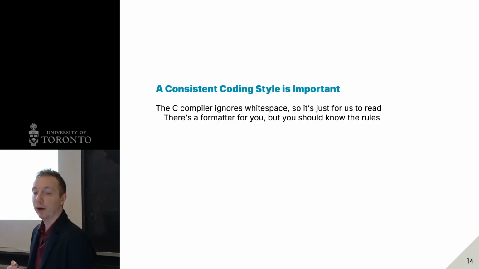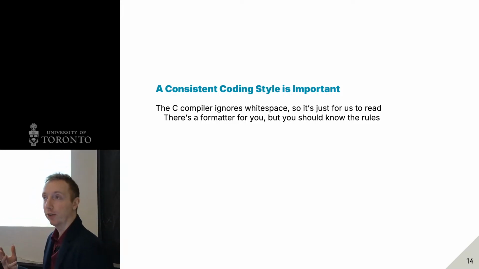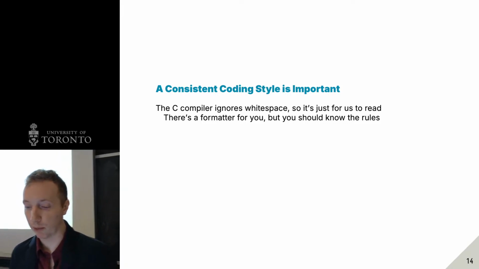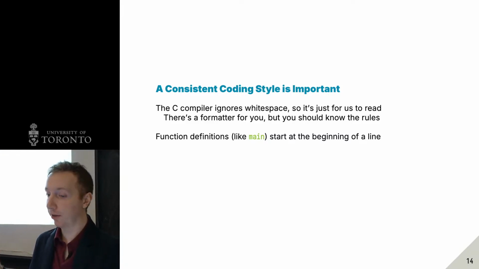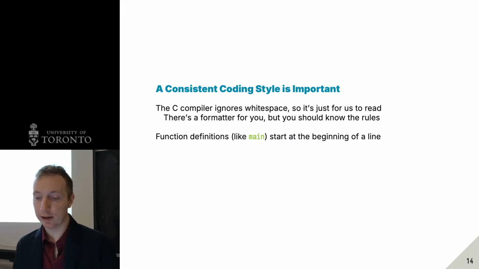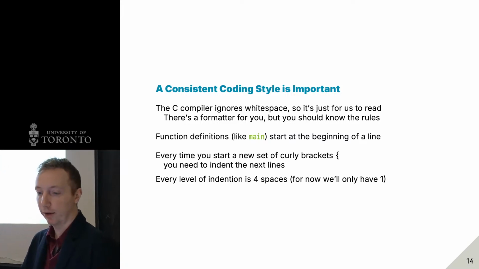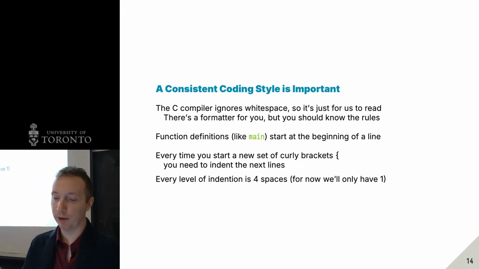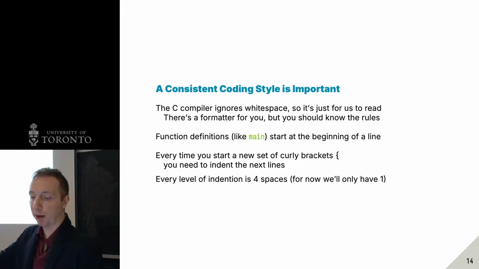The C compiler ignores white space, so it's just for you to read. There's a formatter for you, part of the lab 0 instructions, but you should also know the rules. Function definitions like main start at the beginning of the line. Every time you start a new set of curly brackets, you need to indent the next lines, which just means move any text 4 spaces over.